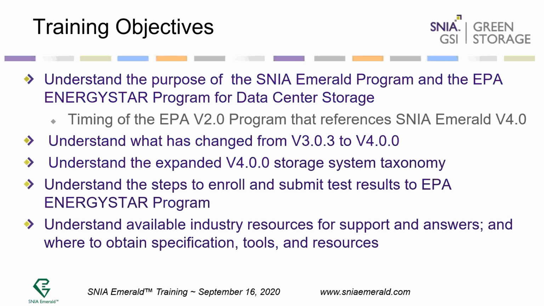So from a test method and process standpoint, there are only going to be some smaller adjustments, and not eradicate all the past work that you've got in place for your processes and data that you've already generated. We'll cover the changes in the specification and the process steps on submitting data, as well as the tools and resources that are available to work with version 4.0.